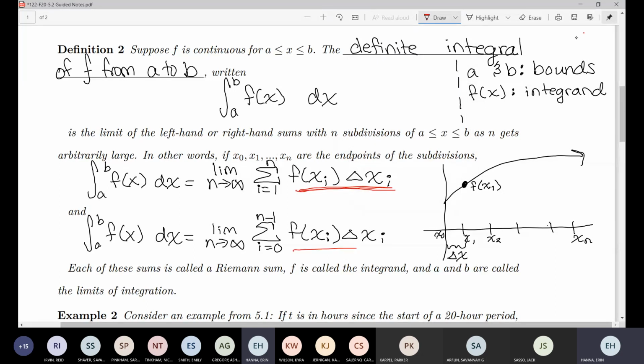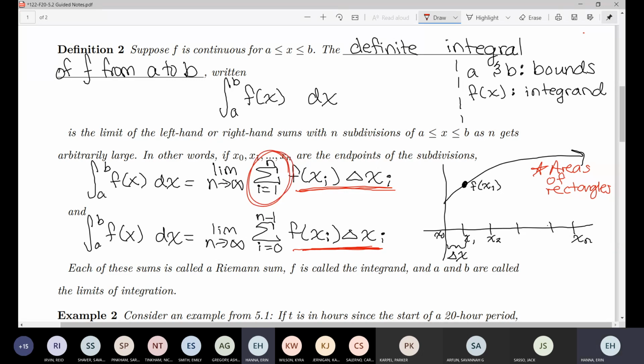These in here, and jump over here really quick, those are the areas of the rectangles. The delta x sub i is a width, and the f of x sub i is a height. So those are areas that I'm summing up.